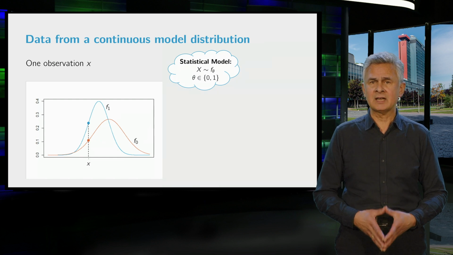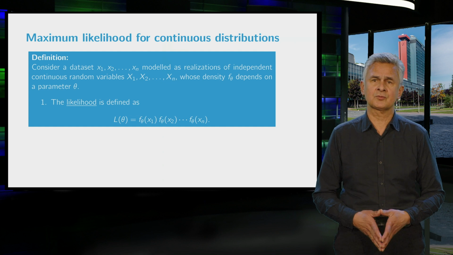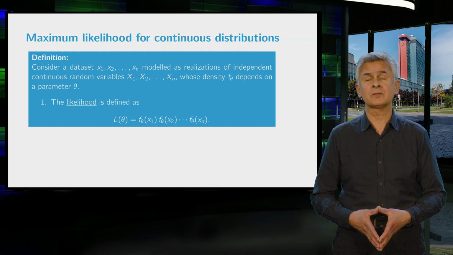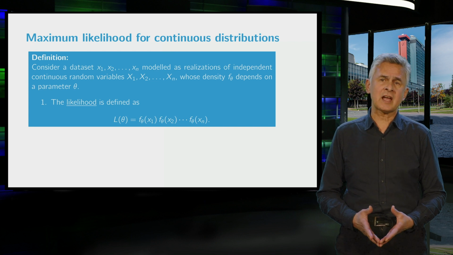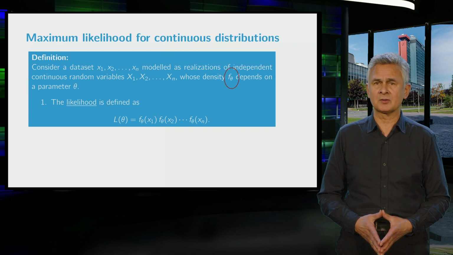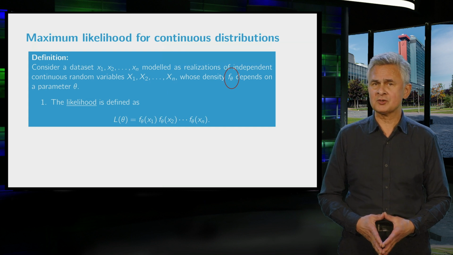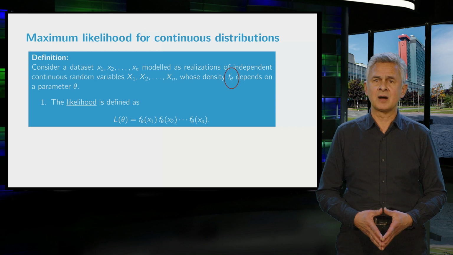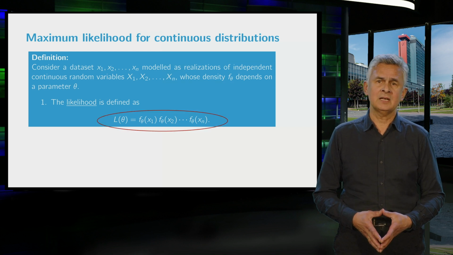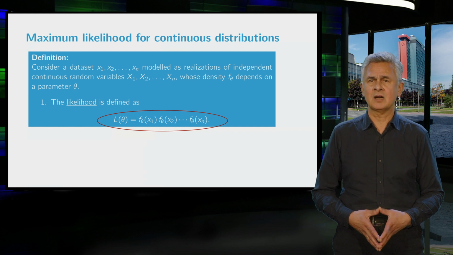Now suppose we have a data set that is modeled as the realization of independent random variables x1 to xn with the same density f. And suppose that f is characterized by a parameter theta. Now the previous example is a motivation to define the likelihood for the data set by L of theta equal to the product of the values f of x1 up to f of xn.